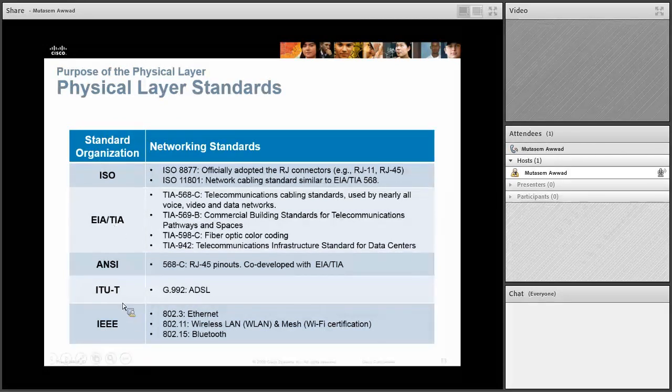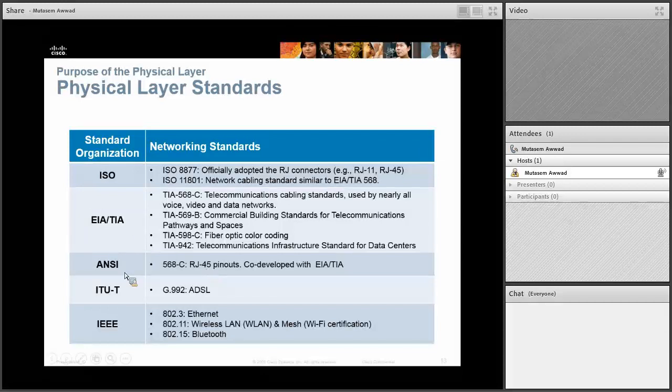The American National Standards Institute, together with the EIA-TIA, looks at the registered jack 45 pinout, the RJ45 connector that goes onto our patch cables.